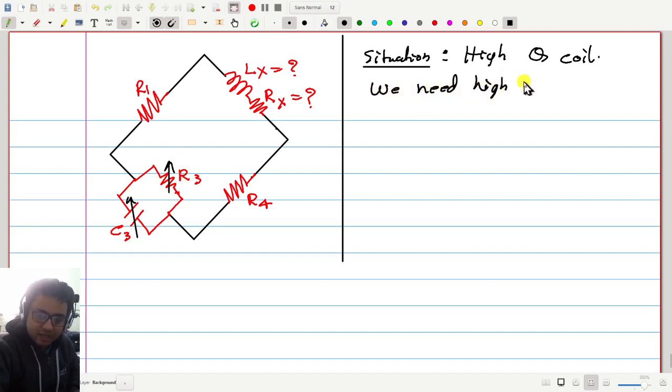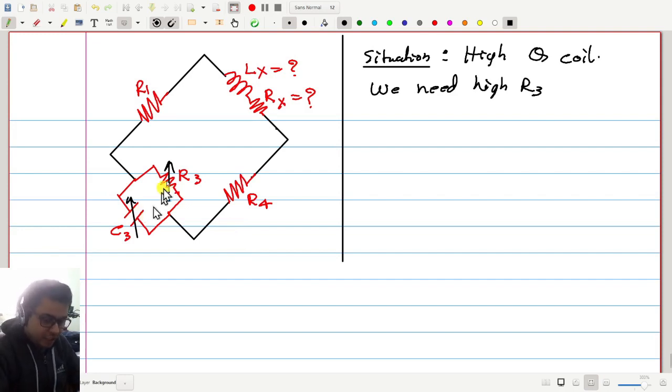So then we need high R3. But we also said at some point that very high standard resistances are not easily available because we have the problem of parallel surface conductance, etc. So suppose our calculation says that the required value of R3 comes out very high, which is not available to us.